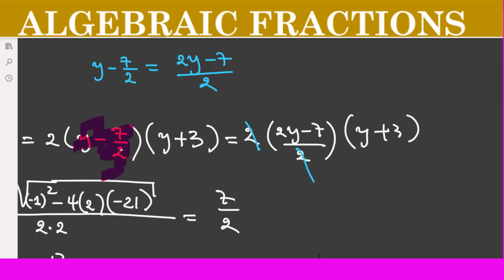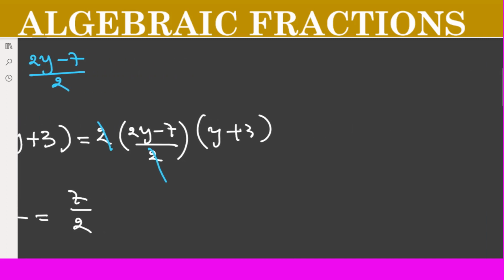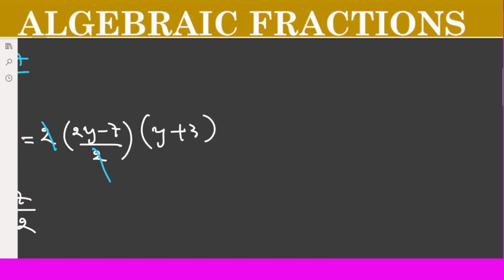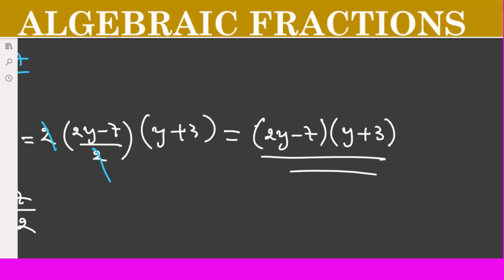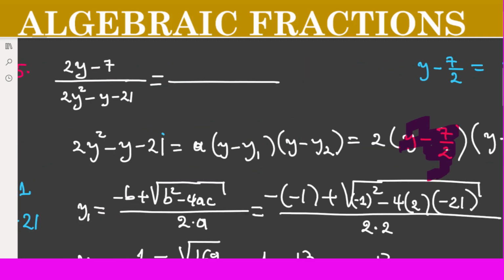These two and this cancel. We get y negative 7, y positive 3. This is the factored form of this quadratic denominator.